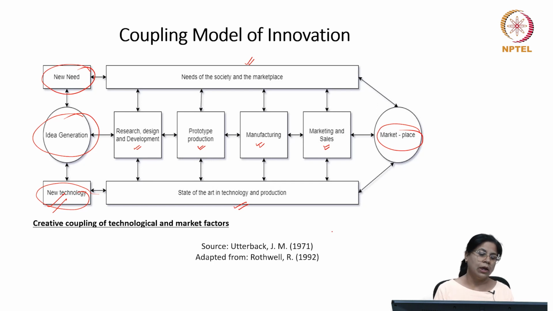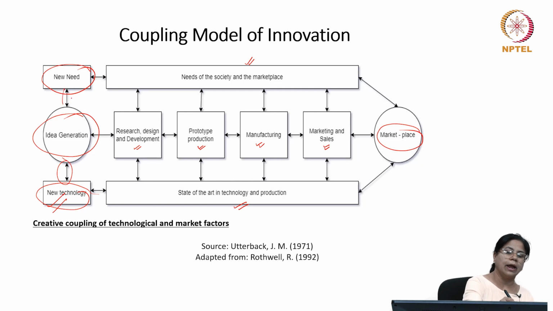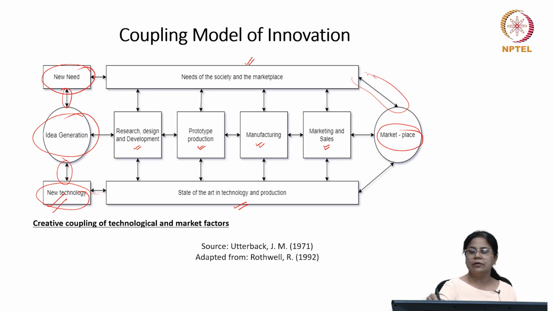Very clearly, one very important contribution that comes from this coupling model is these arrows. Now you find that all the arrows which we have looked at in these models essentially have feedback from both the ends.